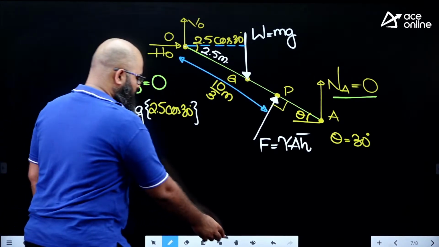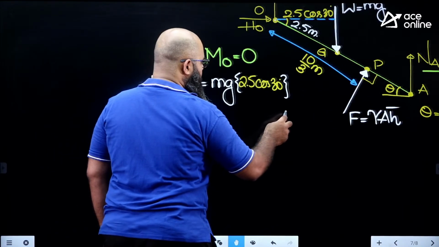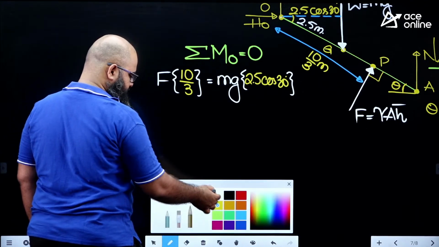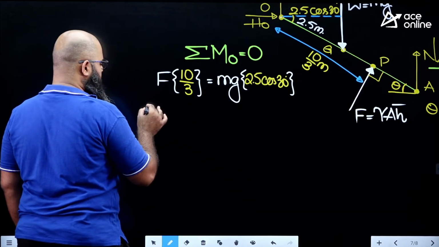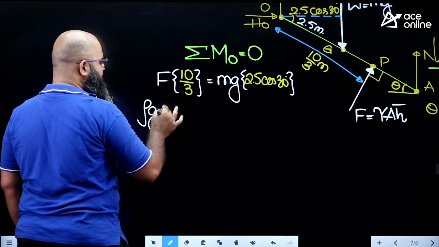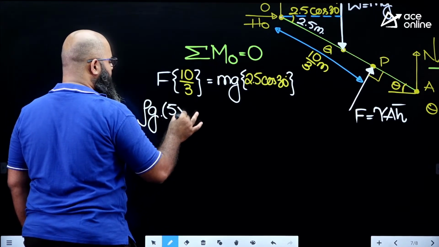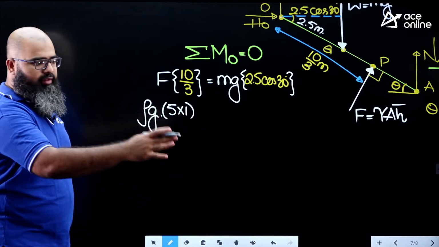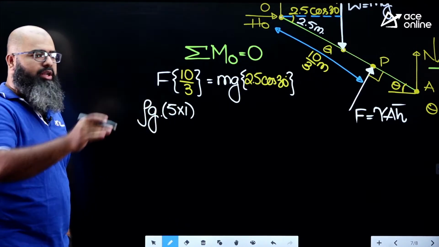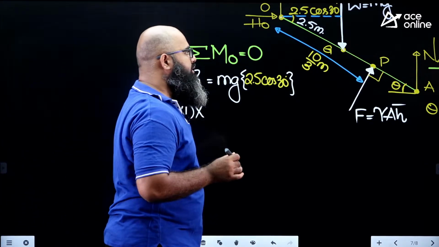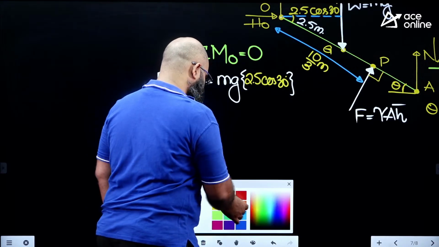Okay. Moving further. The value of force is equal to how much? Force is equal to gamma, that is rho g, into area. Area is equal to how much? 5 times 1, that is the area. The plate's area is 5 unit length multiplied by 1 unit length over here, multiplied by h bar. Now see, h bar is equal to how much? Very simple.